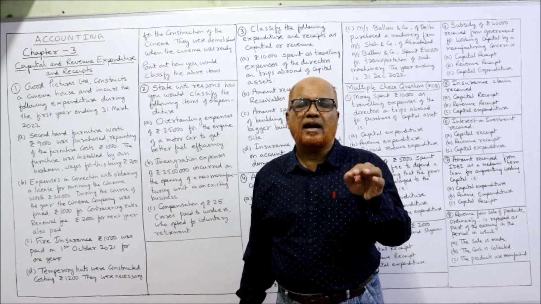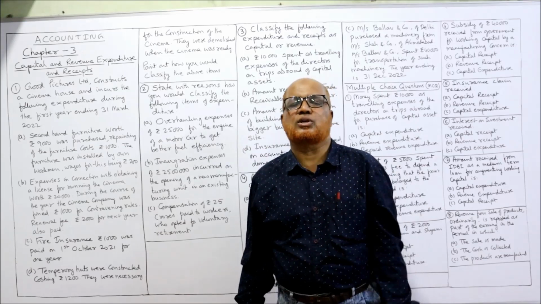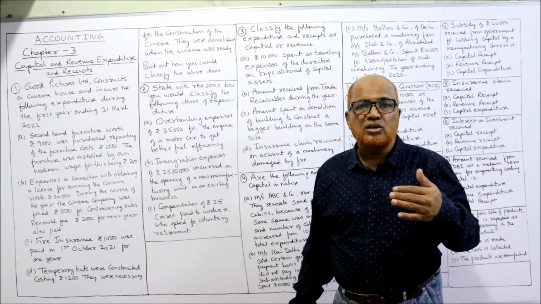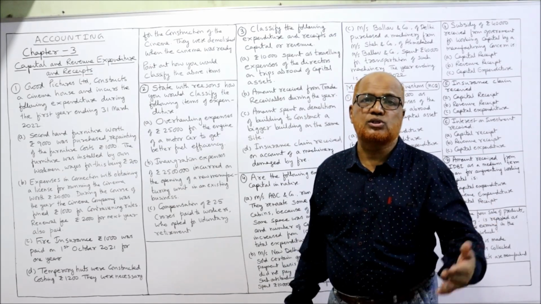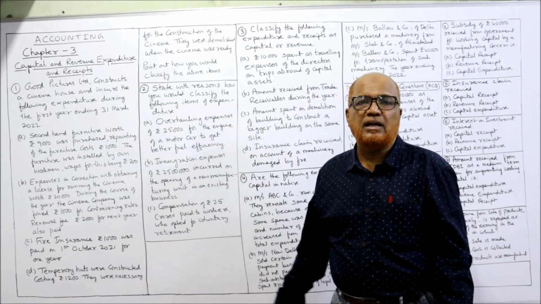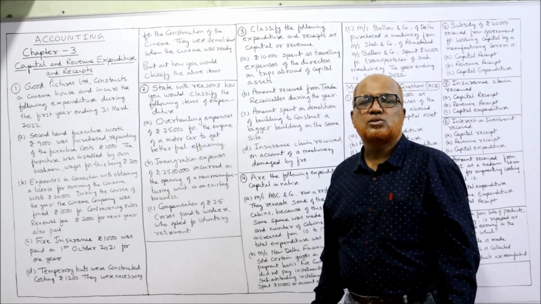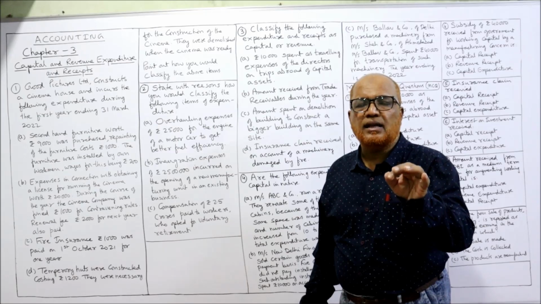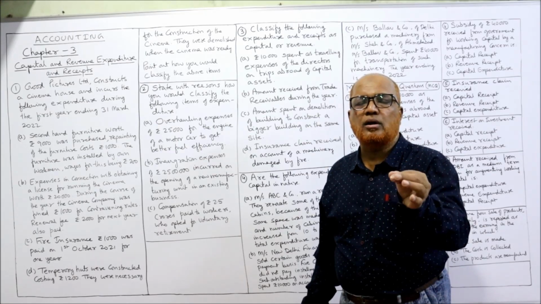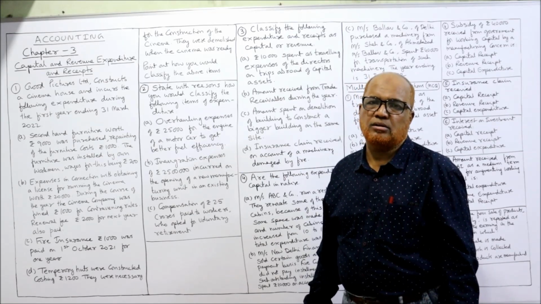Now, any second-hand furniture purchased will not be in a usable condition. Some expenditure is required to be made on second-hand furniture to make it usable. So some painting work is required, and installation charges are required. According to accounting principle, any incidental expenditure incurred on second-hand furniture is a capital expenditure.